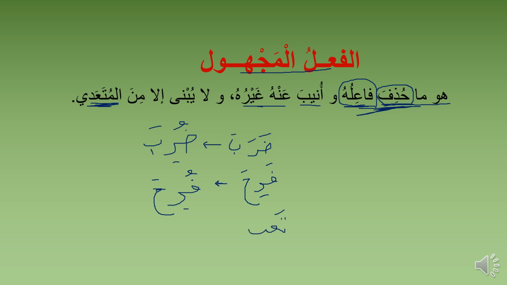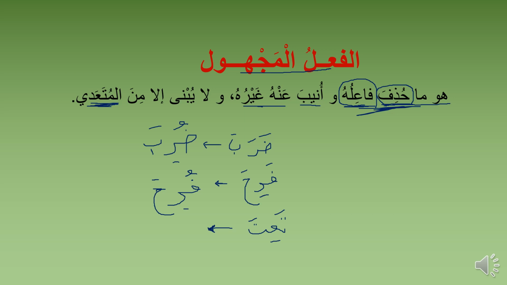Ta'iba means he was tired. All these fi'l lazim don't have objects. They only have a doer. So changing this ta'iba to majhul will make no sense, because ta'iba itself is lazim, it's not muta'addi.